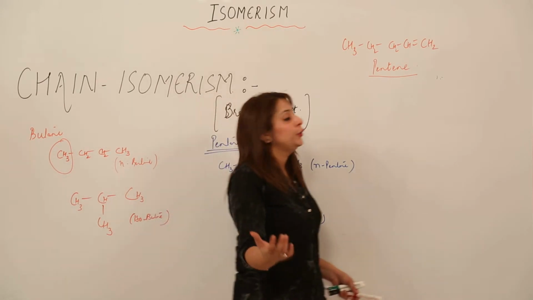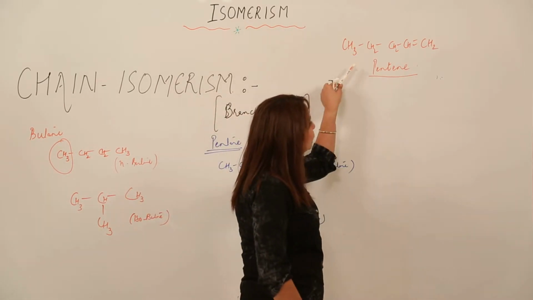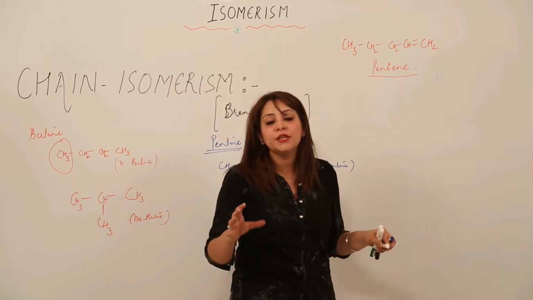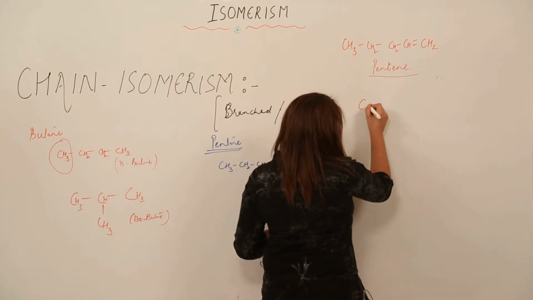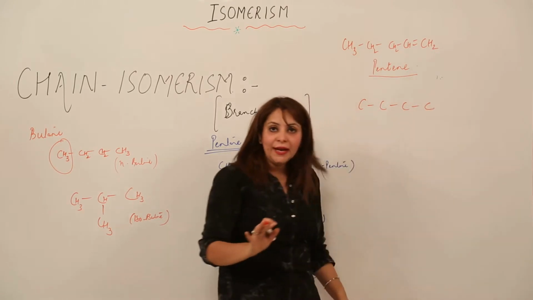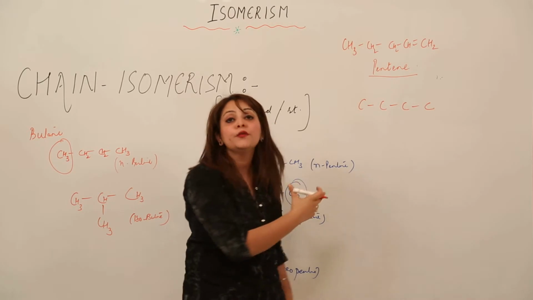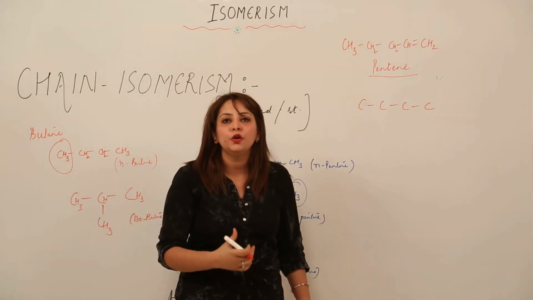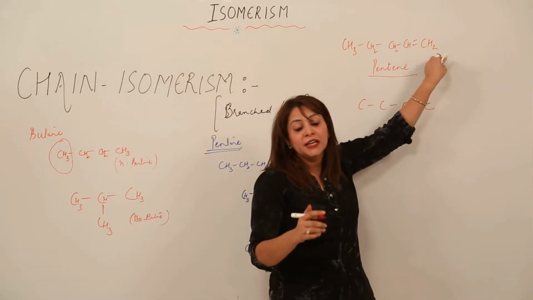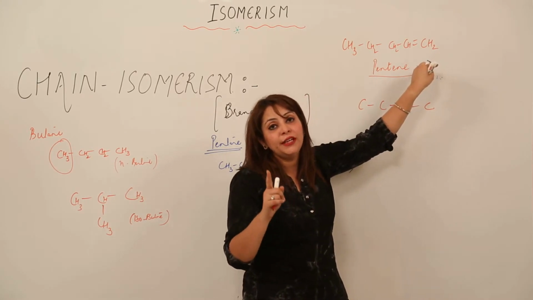So, see how I am going to condense the chain. I am now going to reduce this 5 carbon atom straight chain to a 4 carbon atom straight chain. So, this is what I have. Now, what place will I be assigning to the 5th carbon? I'll be moving that methyl group, because I cannot move this double bond, since we cannot change the position of the functional group.